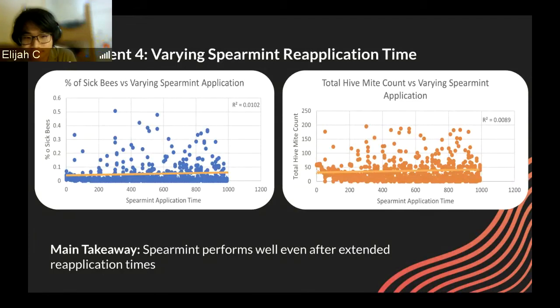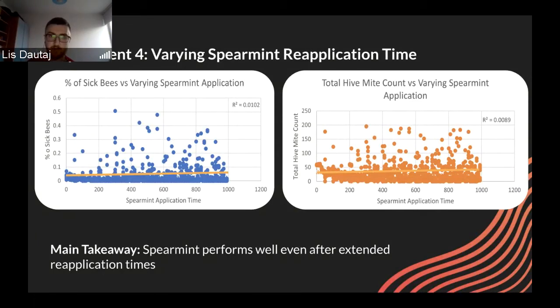In addition to time reapplication, we also varied the spearmint reapplication, and this is just amazing. The spearmint does a pretty good job at keeping the sick bee population under 20%, and it's still linear, but it doesn't really vary.